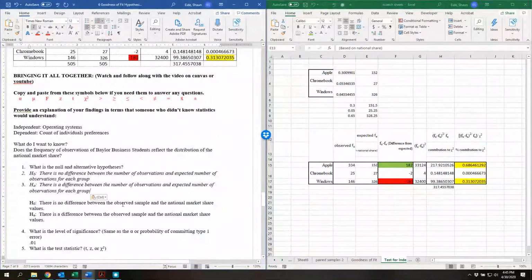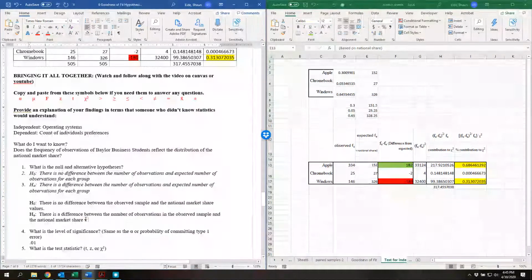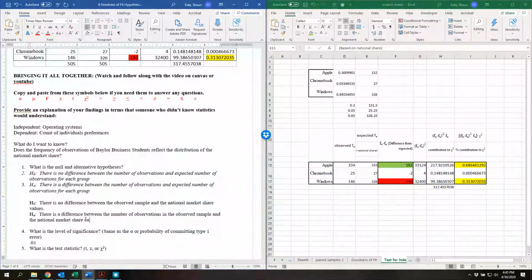There is no difference between the observed sample, or the number of observations in the observed sample, and the expected market share values. And once again, there is a difference between the observed sample or the number of observations. I really should say number of observations in the observed sample and the national market share expected values.